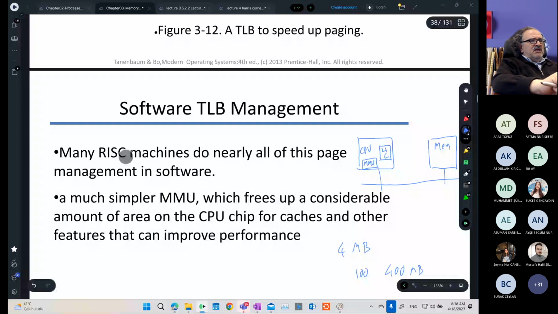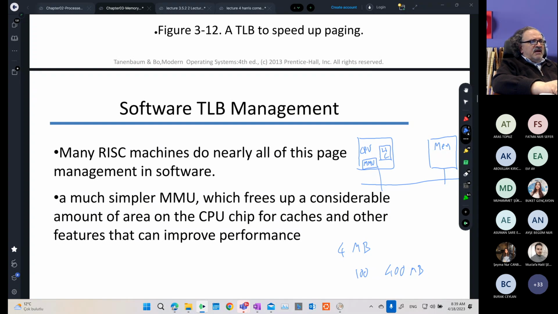Many RISC machines do nearly all of this page management in software. That's why it becomes a topic of the operating system. Cache stuff is handled by the hardware. That's why the operating system doesn't deal with it. The operating system most of the time doesn't know how much memory is in the cache and how much is in memory, what my cache hit rate is, what my replacement algorithms are, and so on.